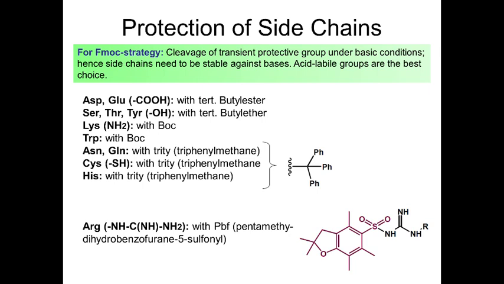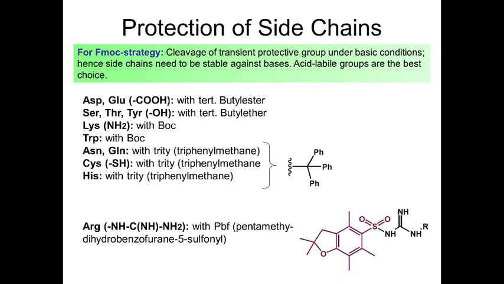I only want to discuss here the protection of the side chains when the Fmoc group is used as the transient protective group of N-alpha. When Fmoc is used, the cleavage of the transient protective group is afforded under basic conditions, and that means that the side chains need to be stable against bases, and therefore these side chain protective groups are acid labile, as we see below.